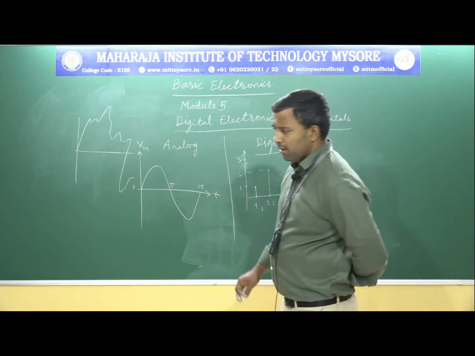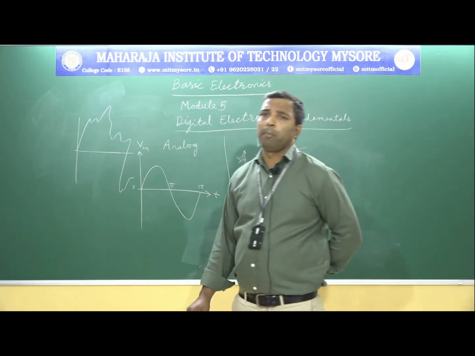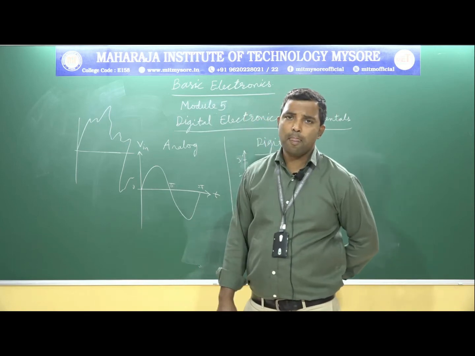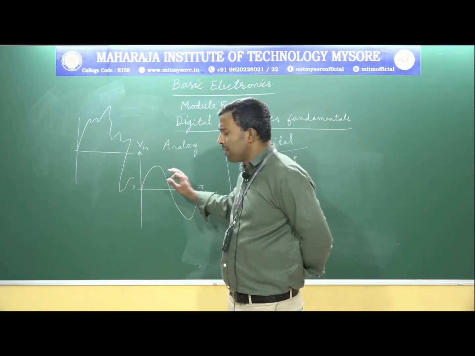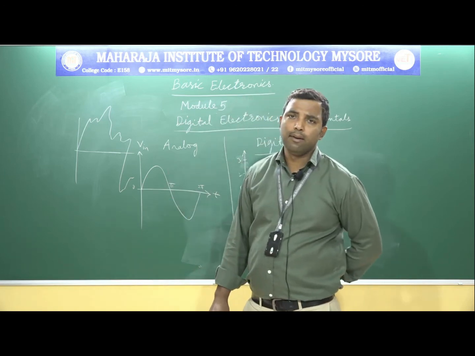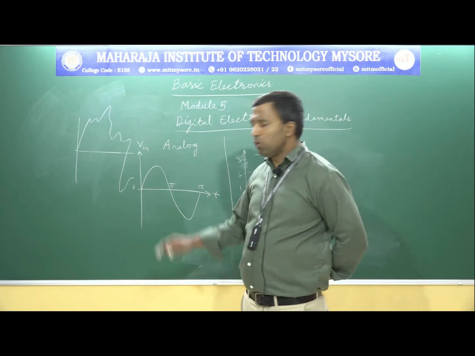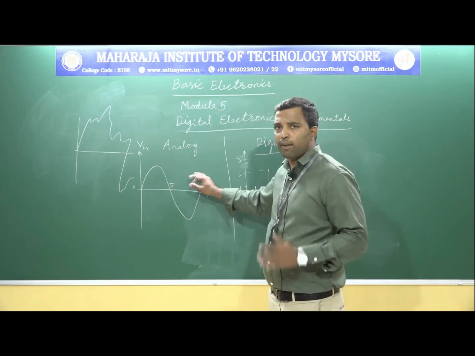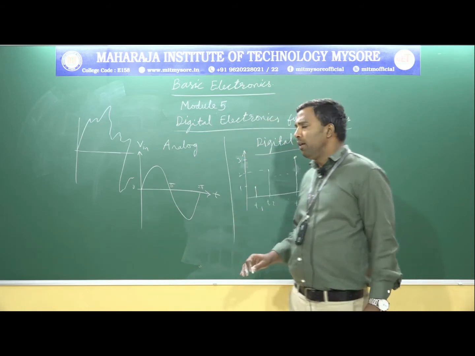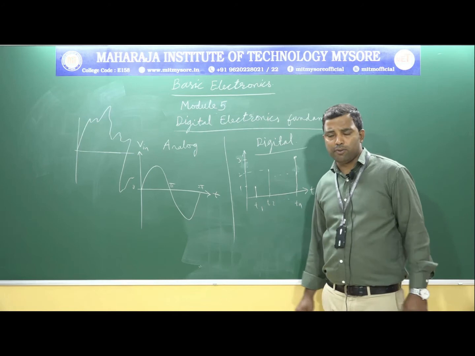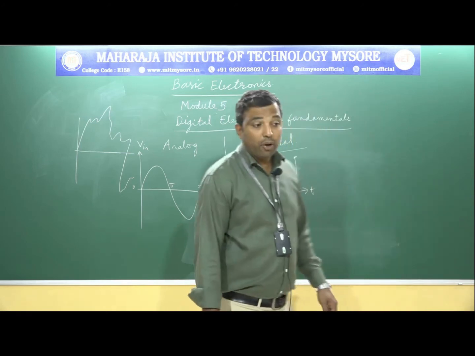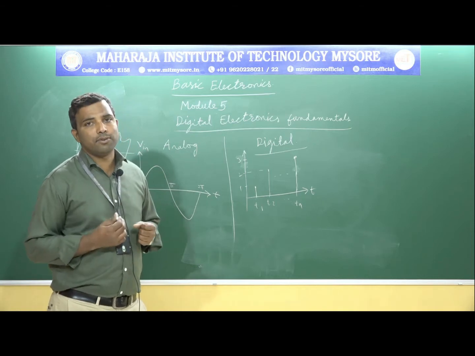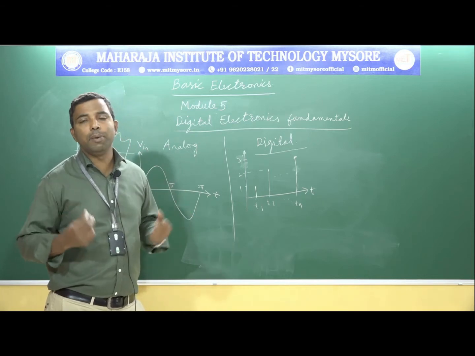In analog, the circuitry is complex, it is susceptible to noise, and the efficiency is less. Due to these drawbacks of analog, we go for digital. In the digital process, accuracy increases, quality increases, and the strength of the signal increases.